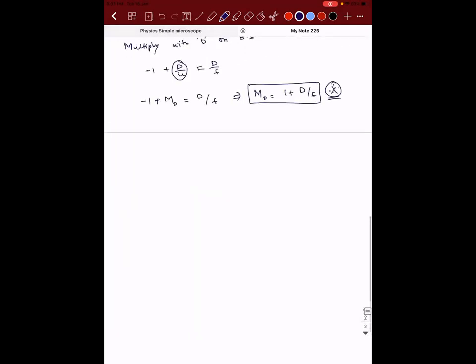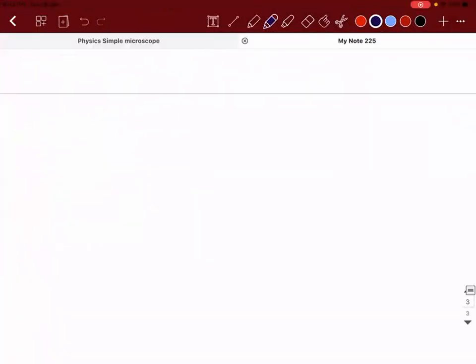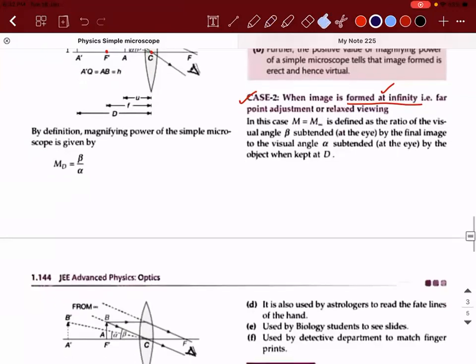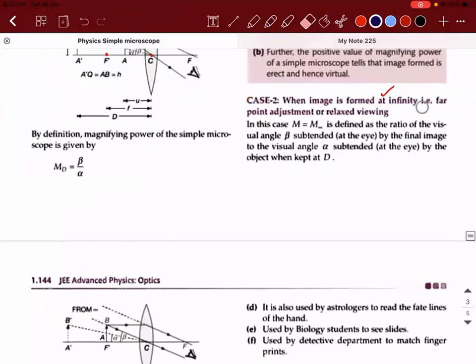Okay. Now the next concept is the same simple microscope, when the image is formed at infinity. When the image is formed at infinity, it is also called far point adjustment or relaxed viewing.